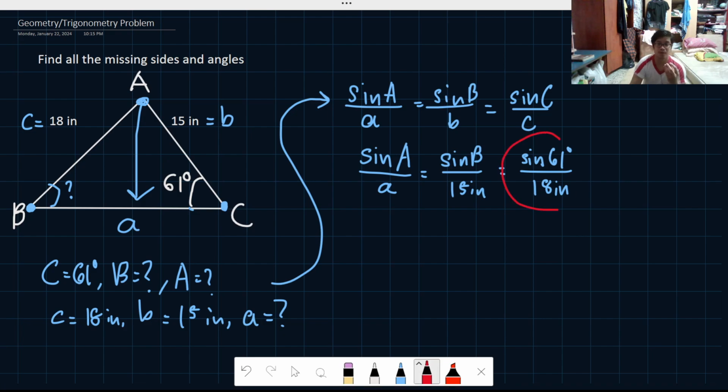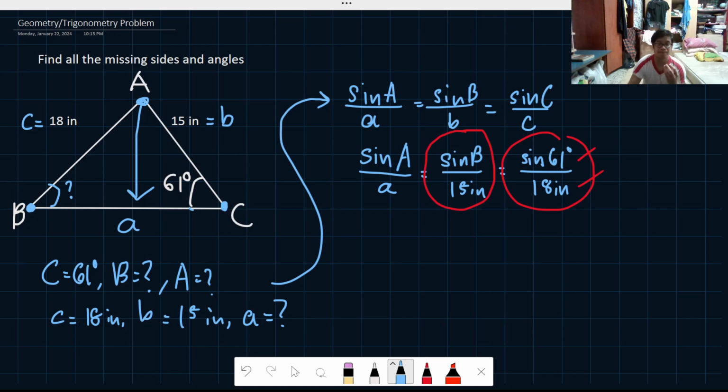So this one has a given angle and a given side, so we will use this. Next, pick another fraction or ratio that only has one given. It could be the angle is given but the side is not given, or the side is given but the angle is not given. So I'm going to pick this one because here the angle may not be given, but the side is given.